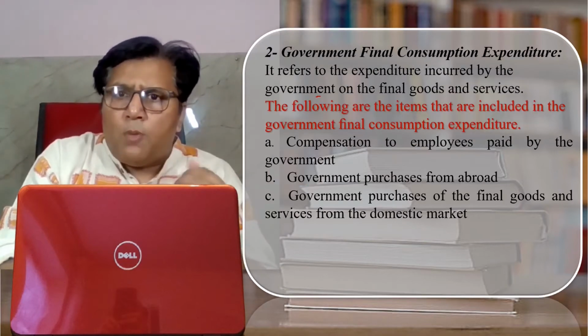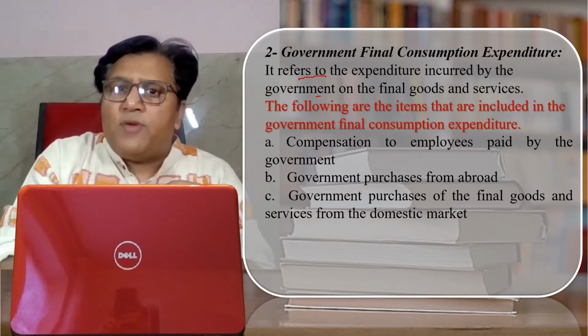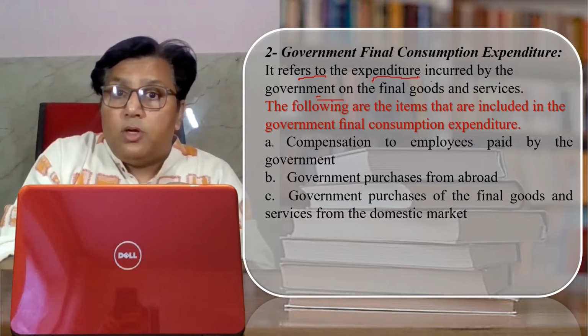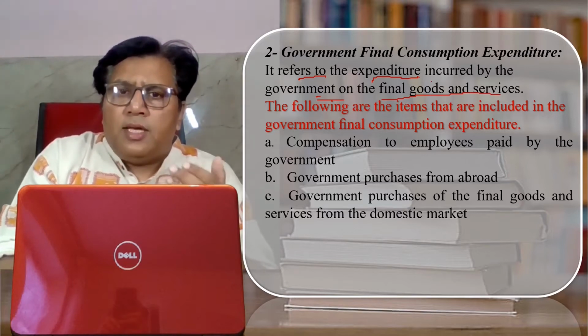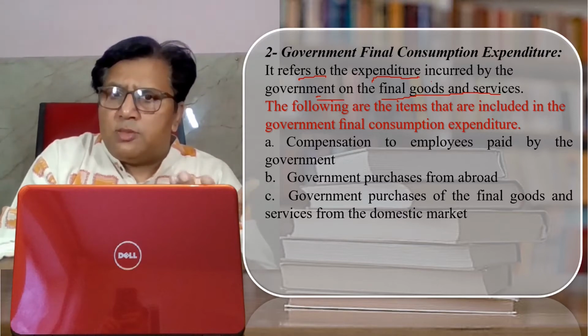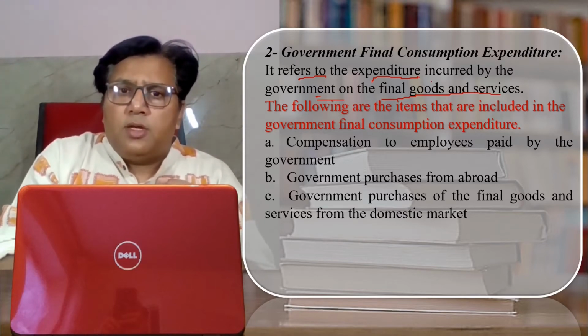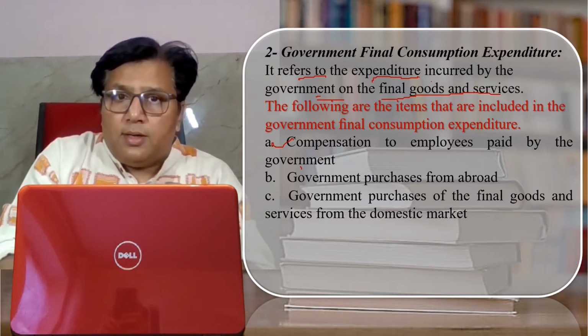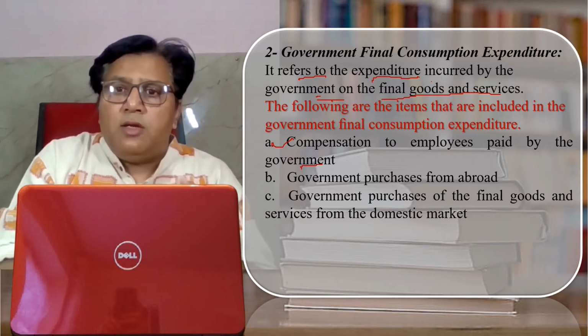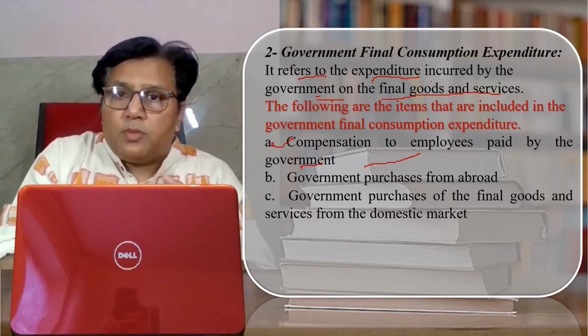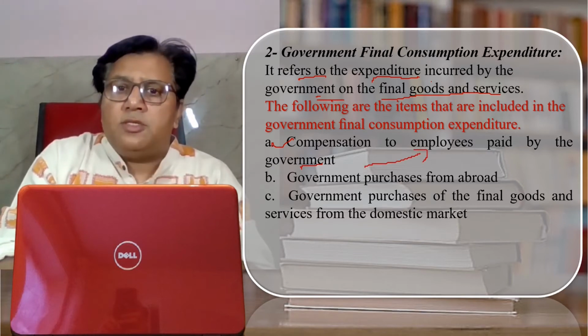Now let us discuss the government final consumption expenditure. Government final consumption expenditure refers to the expenditure incurred by the government on final goods and services. Always remember, there are the following three types of final consumption expenditure which the government incurs. The first one is compensation of the employees paid by the government. Under this, we consider the money which the government is paying to the employees for rendering services.